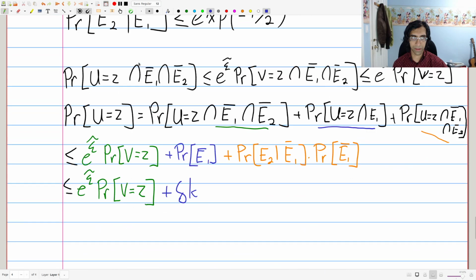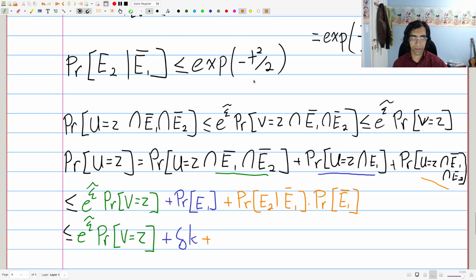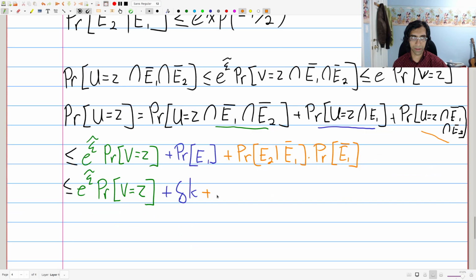This should be probability of just E1, not E1 bar. And yeah, that's upper bounded by delta k. We showed that before. And then finally, the last term here is just going to be upper bounded by, we computed this right here, exp of minus t squared over 2, which can be upper bounded by just 1.